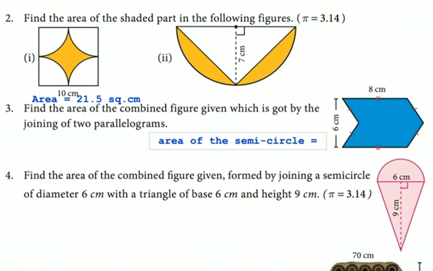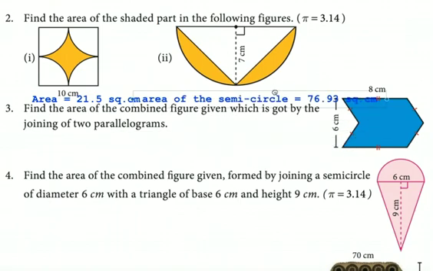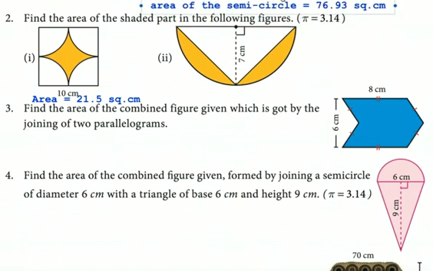So 7 square is 49 into 3.14 is 153.86 by 2 is 76.93. We took this value only because he mentioned, right? Once he mentioned, we need to take that only, square cm. Okay, area of the semicircle of problem 2.